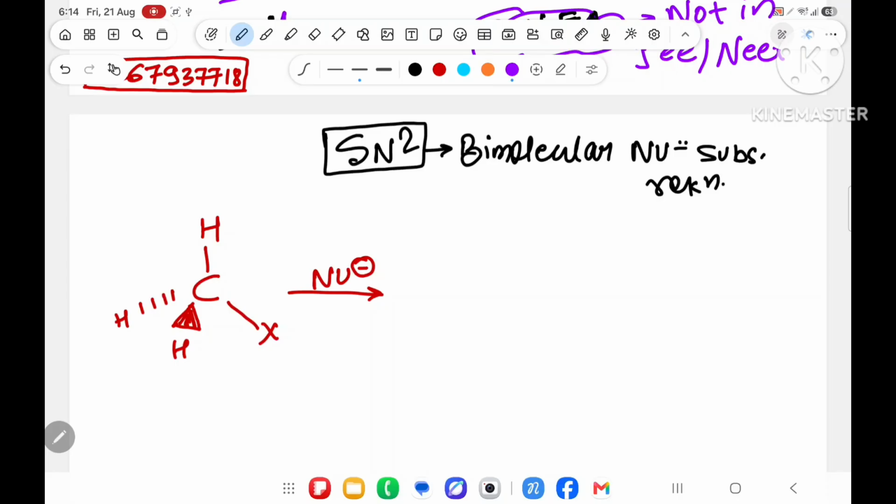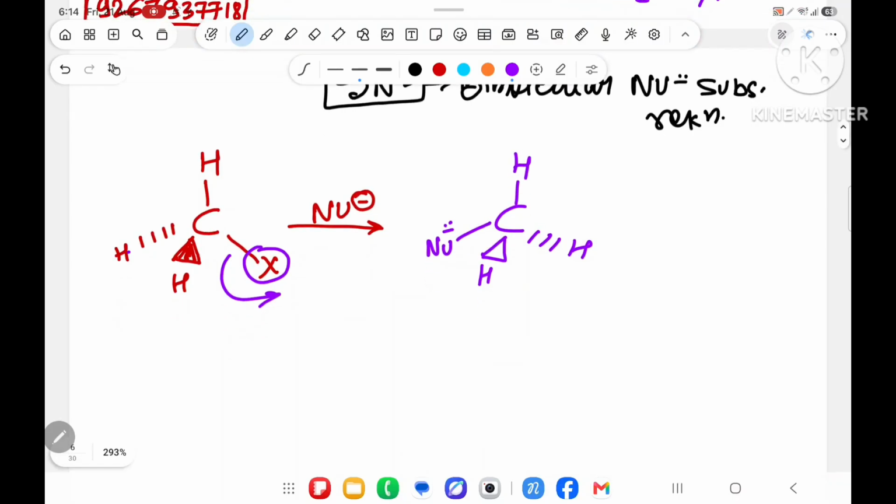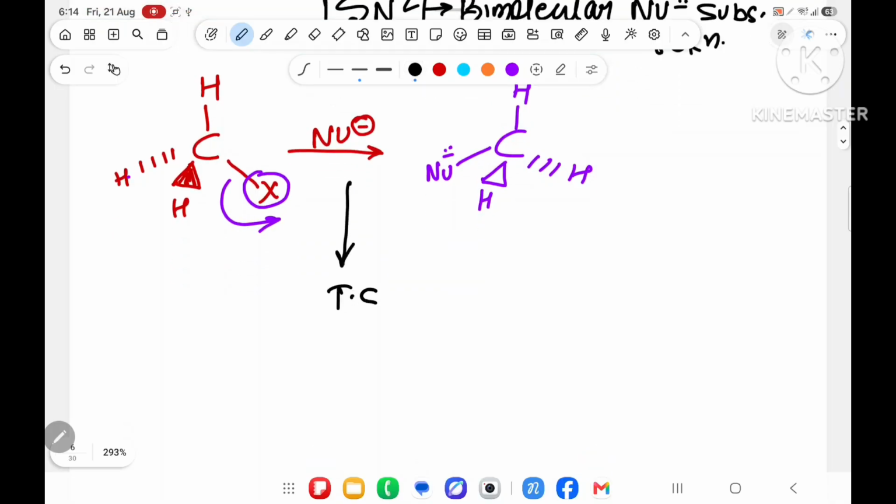I will tell you how. This X will go outside from here, and this dash hydrogen will come this side, the wedge hydrogen will be here, H will be here, and this nucleophile will attack here. Means if you check, what is the transition state.